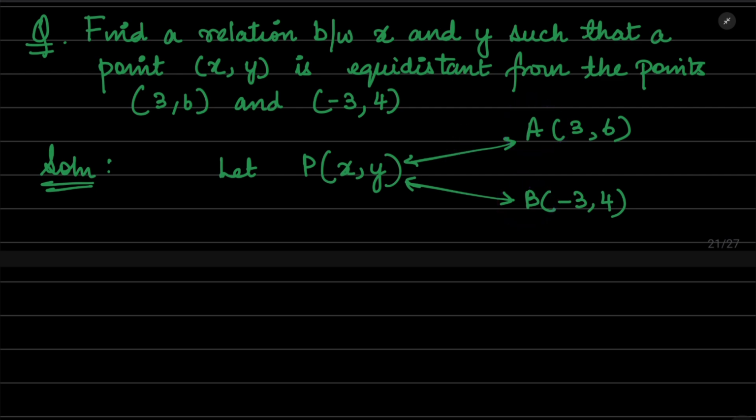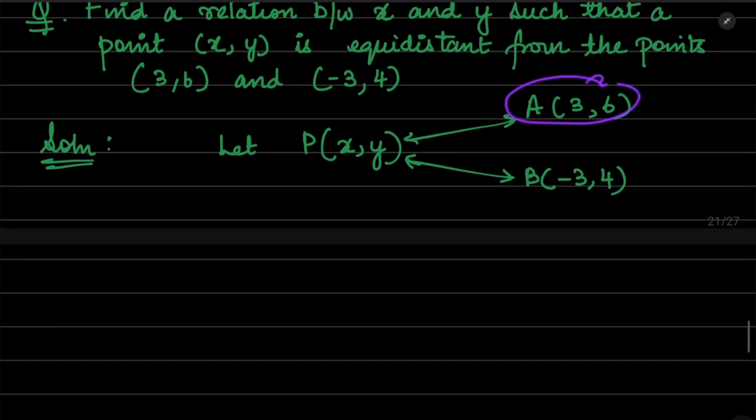Let's calculate now. Since it's given it's equidistant, PA should be equal to PB. Right? Now for calculating the distance between PA and PB, let us assume, say this is x1 comma y1 and this is x2 comma y2. Okay, so what is the distance formula?